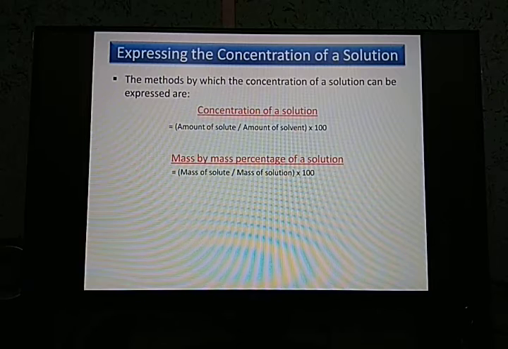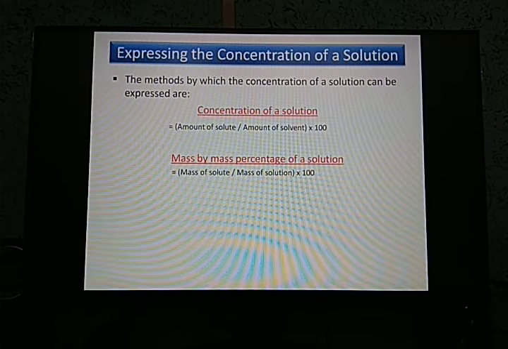Sometimes it is even mentioned which formula is to be used. So if we have to find mass by mass percentage, then the formula is mass of solute by mass of solution into 100. Mass of solute will be in terms of grams, so that is in terms of mass. And mass of solution is nothing but mass of the solute plus mass of the solvent. If we add both, that will give you the mass of the solution.